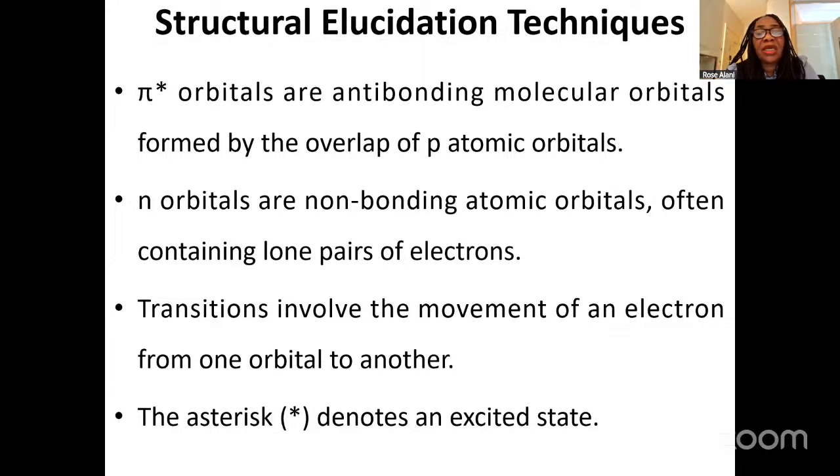The n orbitals are non-bonding atomic orbitals. They often contain lone pairs of electrons. So you have your transitions involving the movement of an electron from one orbital to the other.